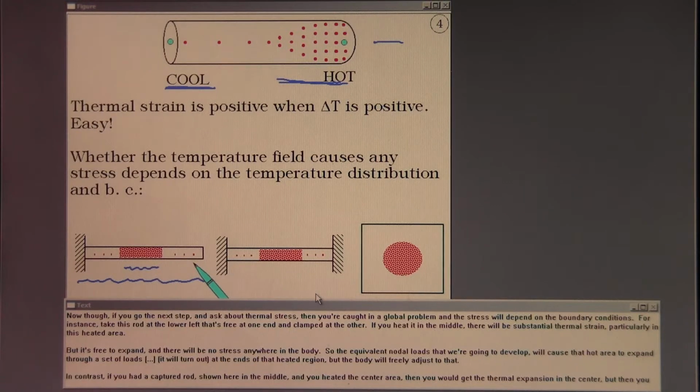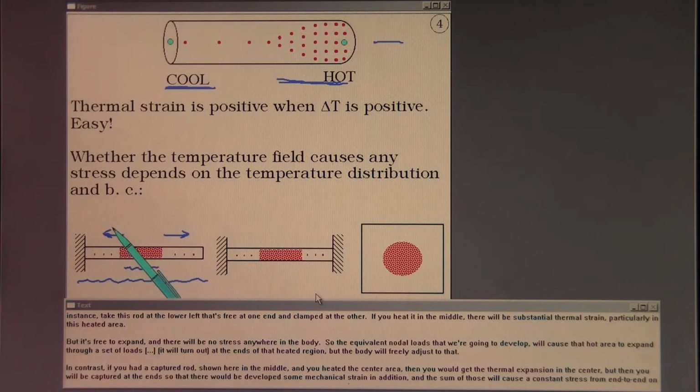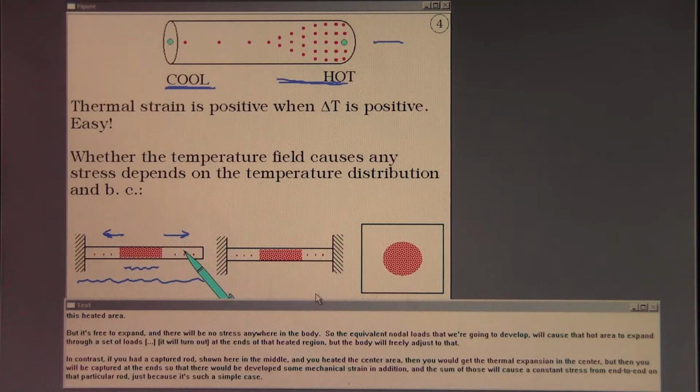So the equivalent nodal loads that we're going to develop will cause that hot area to expand through a set of loads, it will turn out, at the ends of that heated region, but the body will freely adjust to that.